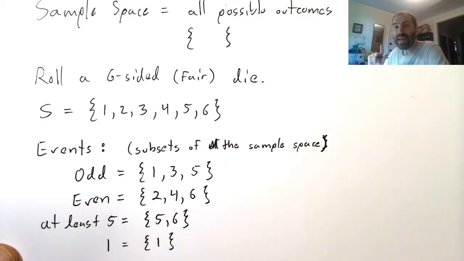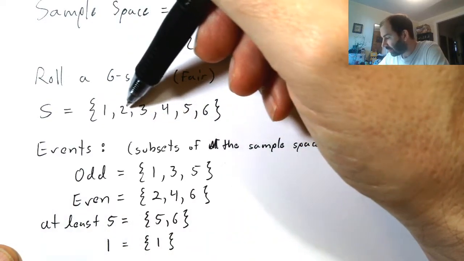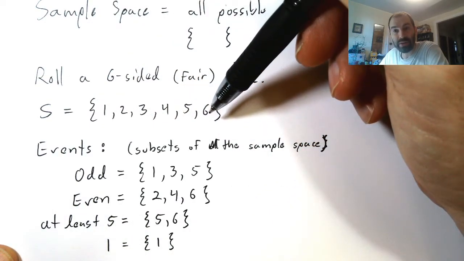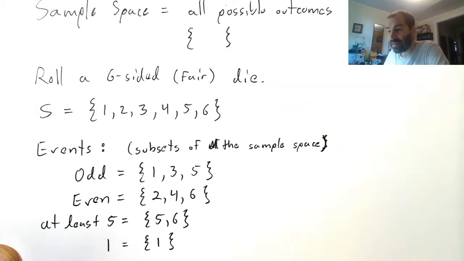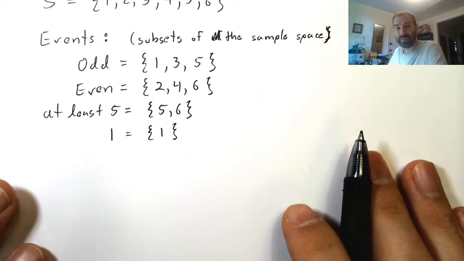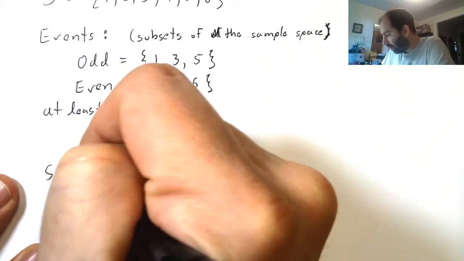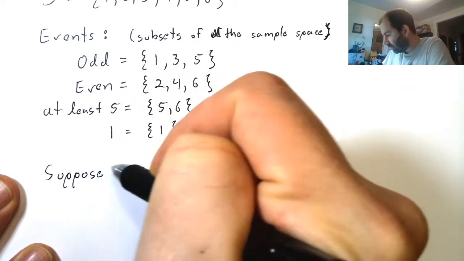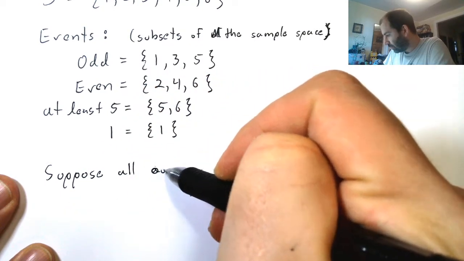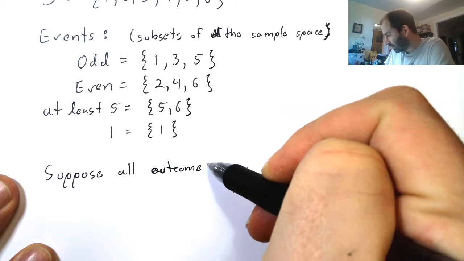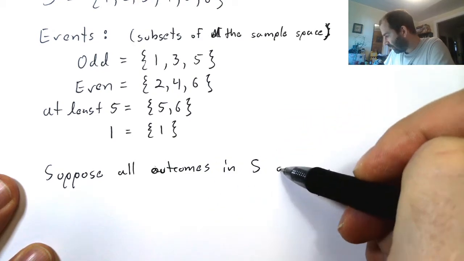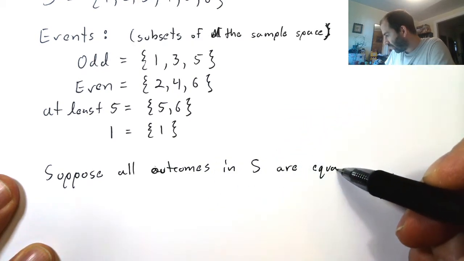Well, if we happen to know that every outcome in the sample space is equally likely, then we can do the following thing. Okay? So let's suppose all outcomes in the sample space are equally likely.